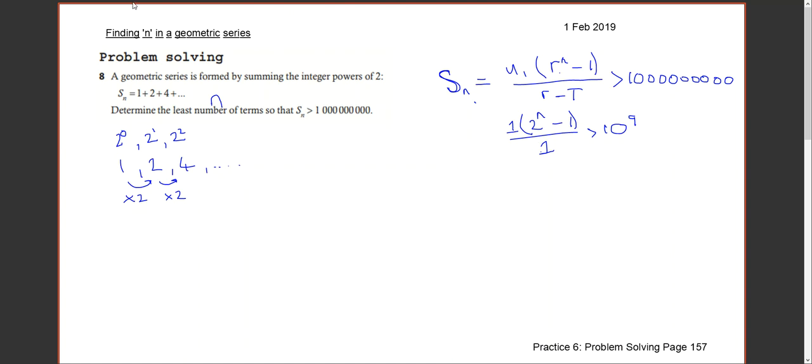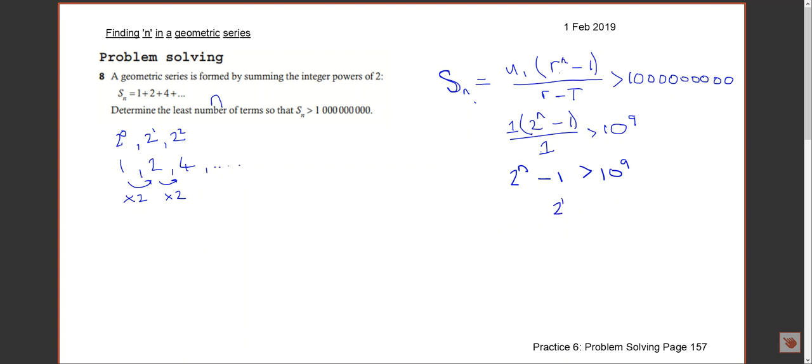Alright, so if we expand this, the ones are just going to go, so I'm just left with 2 to the power of n minus 1 is greater than 10 to the power of 9. Then what? I took the 1 to the other side.